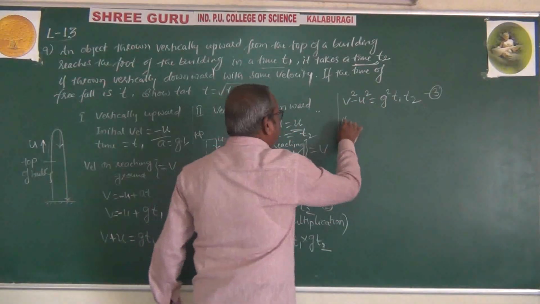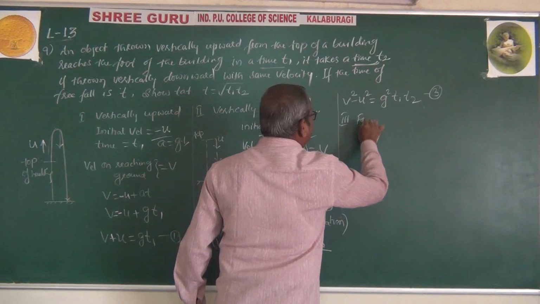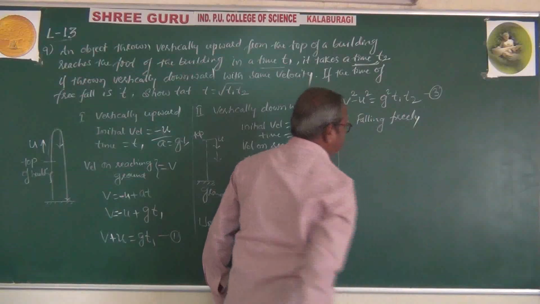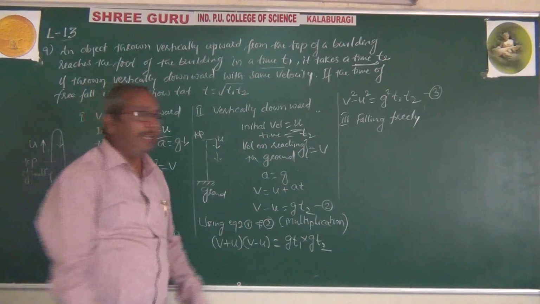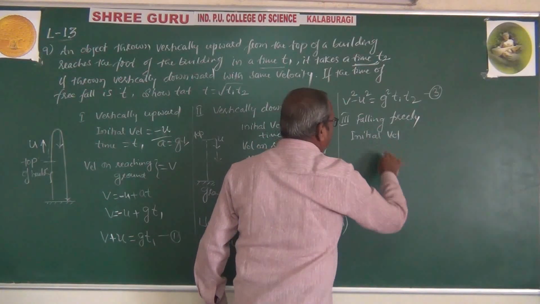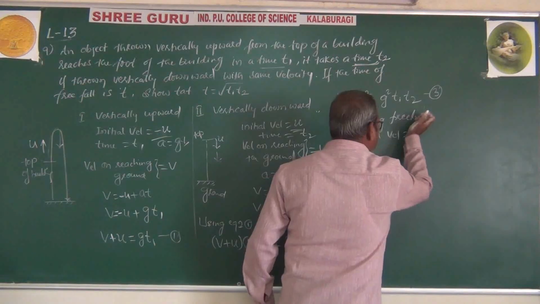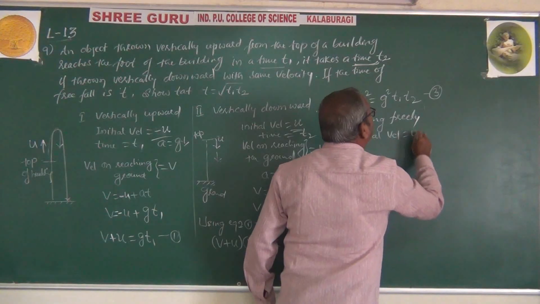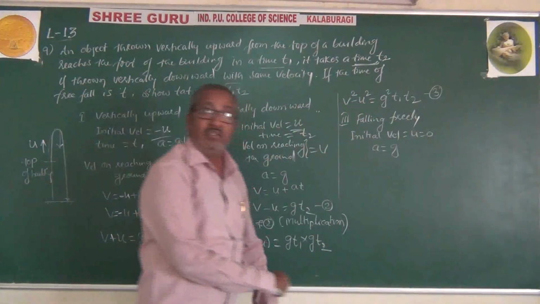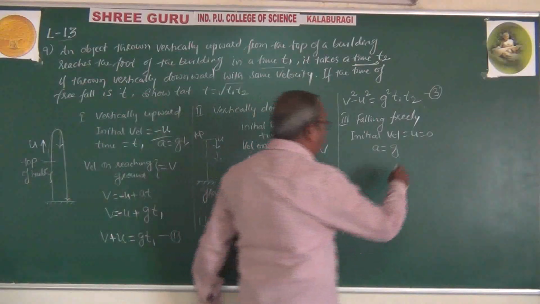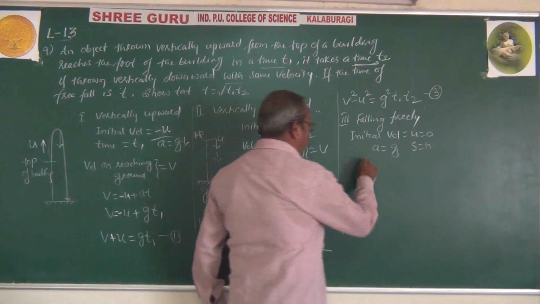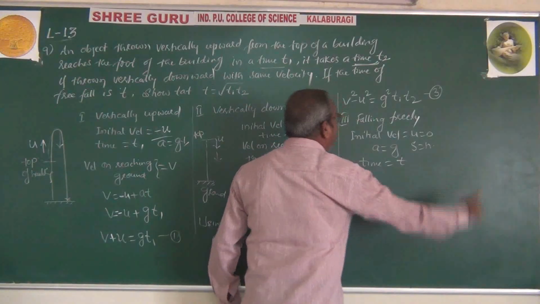Now in the third case, freely falling. Whenever it falls freely, initial velocity becomes 0, so u equals 0. a equals g, and s equals h.